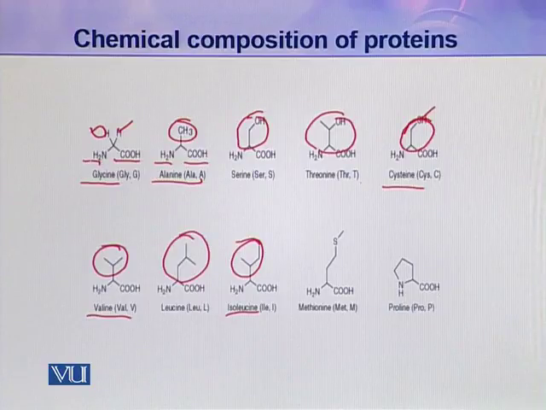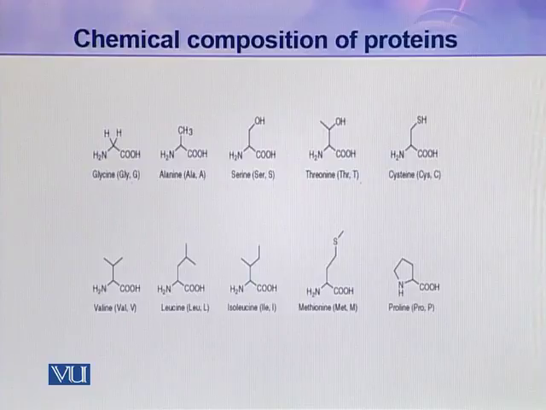Then another amino acid is methionine. Methionine also contains sulfur. So cysteine and methionine, these two are sulfur containing amino acids. Then there is proline. Proline has its R group in the form of this ring. So proline is quite different from all the other types of amino acids.